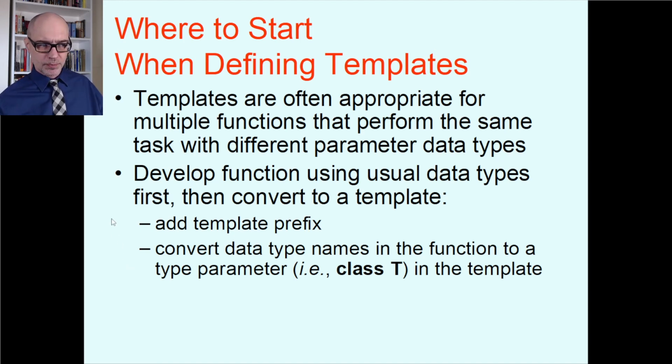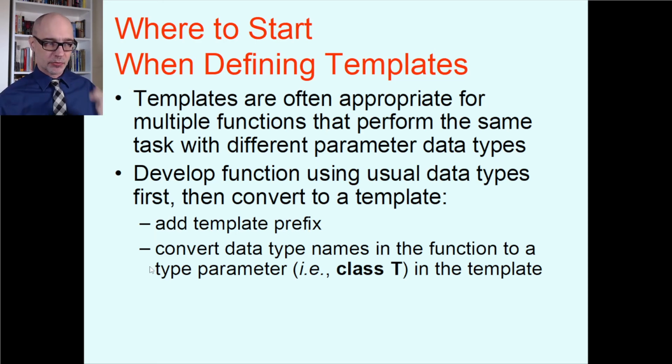Here's what I usually do when I'm building function templates: develop your function using standard data types first, right? Like ints. So I usually try to just make a function that works with integers and returns an integer, right? Test that, just make sure that that's working to begin with. Then once I'm happy with that, I convert it to a template. I add the template prefix, the template bracket class T part, right?